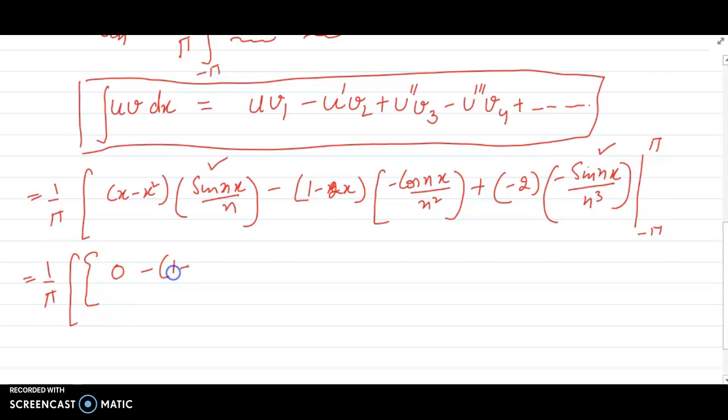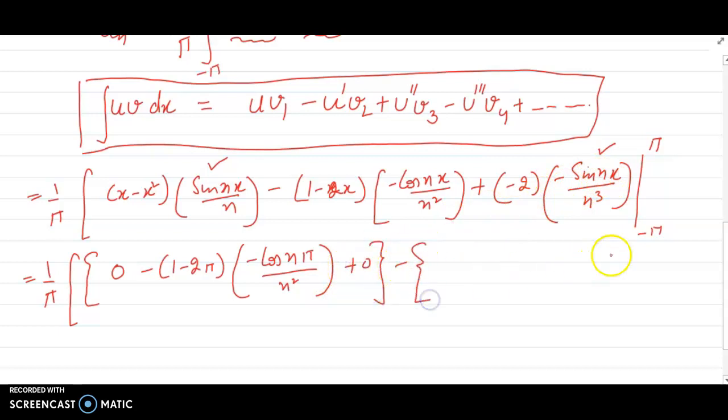Minus 1 minus 2 pi into cos of n pi, I will get minus cos n pi divided by n square. The last term, sine of n pi is 0, so I will get 0 here. Minus the lower term, again sine of minus n pi, sine of minus theta is minus sine theta, you will get sine of n pi, so this is also eliminated.